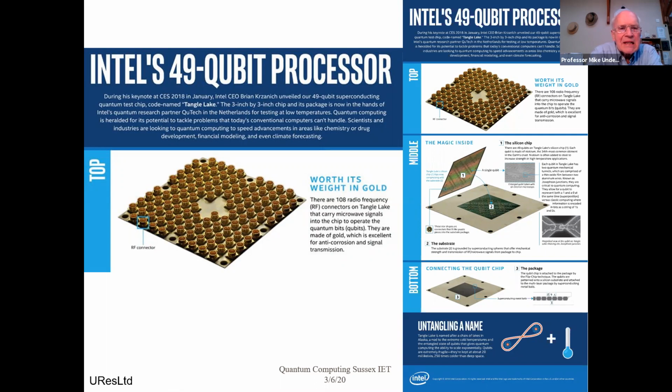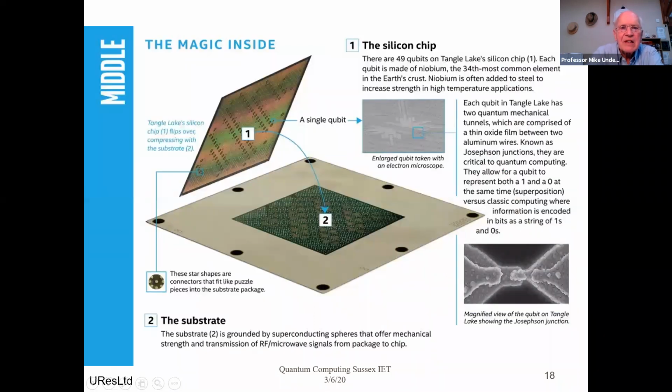So it's been made presumably in the States and then moved over to the Netherlands, who have all the low temperature gear to surround it. Over here are some more details on the right hand side, and I'll give you some more detailed slides of those as we move on. So here is the magic inside, and here's the silicon chip, the qubits, and it gives some more details of how it all goes together.